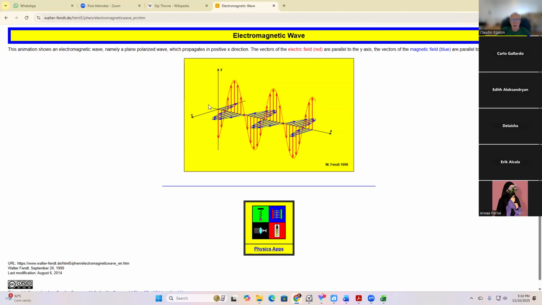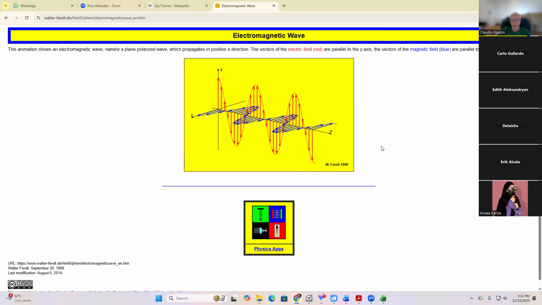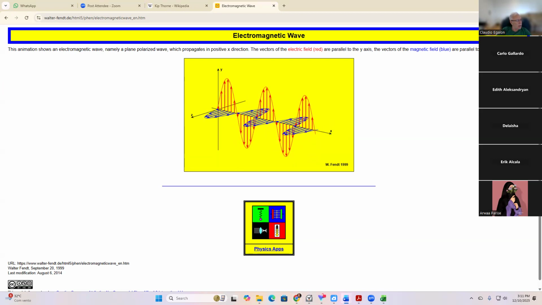Do you have the illusion that we have a wave propagating from the left to the right here? And again, the disturbance in the electric and magnetic fields is perpendicular to the direction of propagation of the wave. Which other waves are transversal waves?